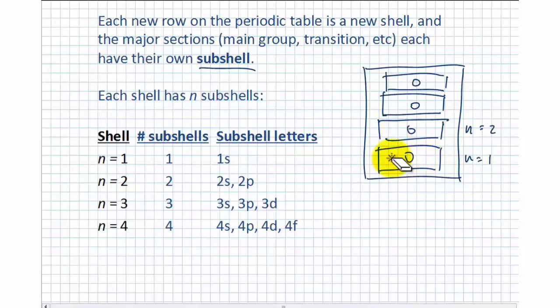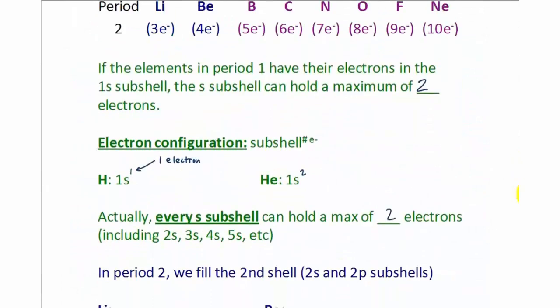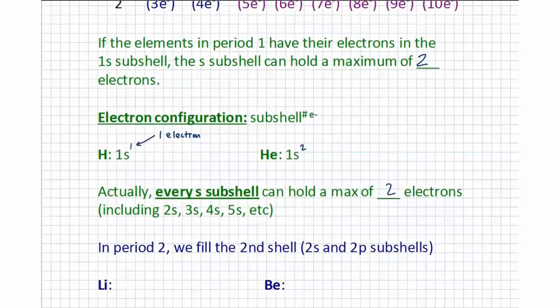Well, the first 2 electrons will go into the bottom one here. We already said that one holds 2 electrons. So it's going to start with 1s2. In fact, every element that's past helium will start with 1s2 because the first 2 electrons will go into that first shell. That's the lowest energy shell, the most favorable place for electrons to go.